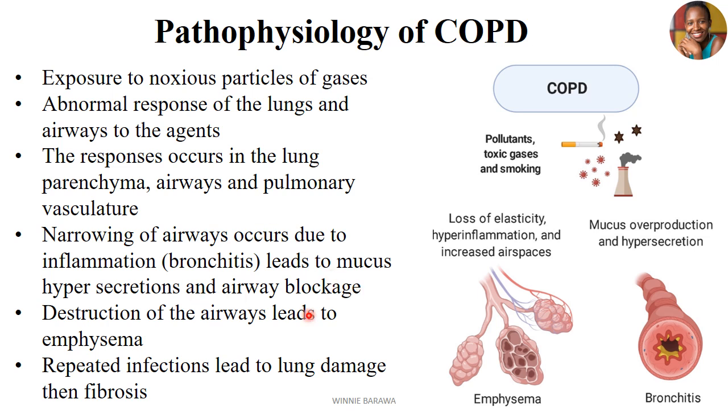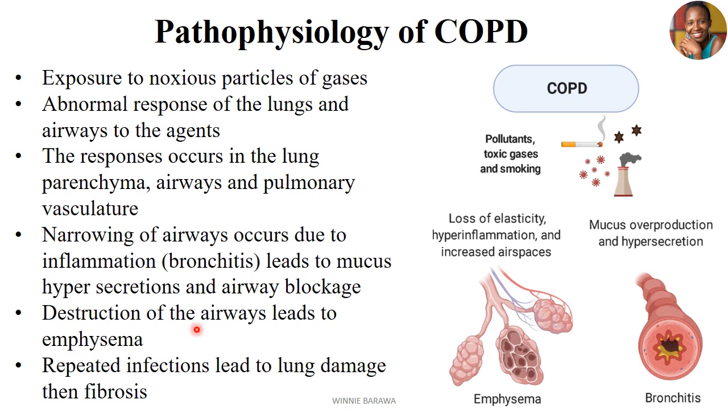With prolonged exposure, we end up with destruction of the airway that leads to the status that we are calling emphysema. Repeated infections to these areas, that is the alveoli and the lower airways, can cause lung damage that can further complicate into a state we call fibrosis.